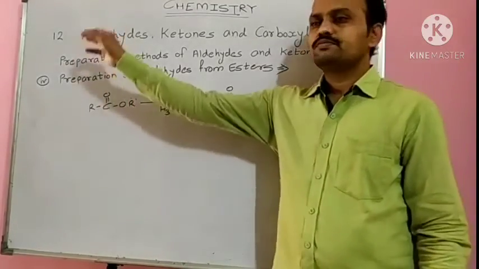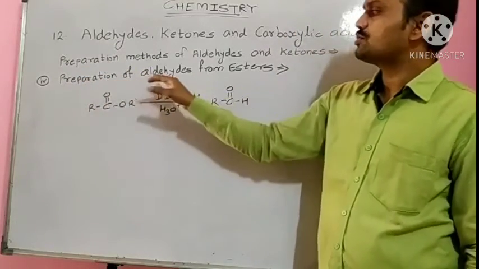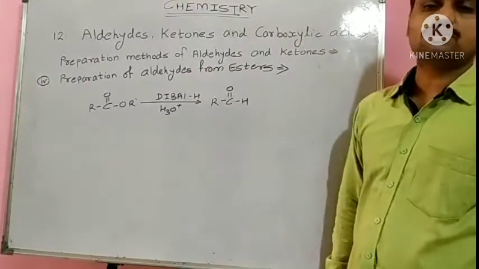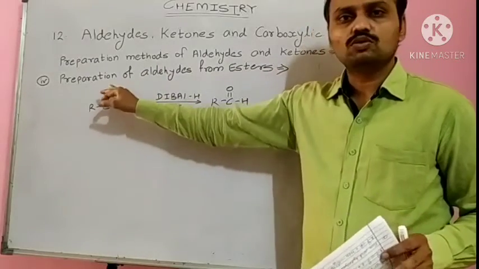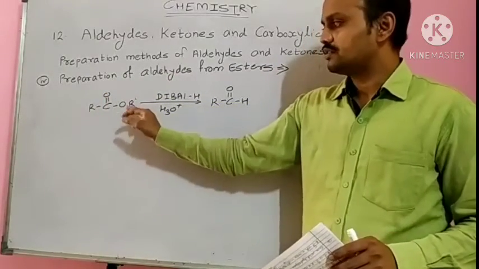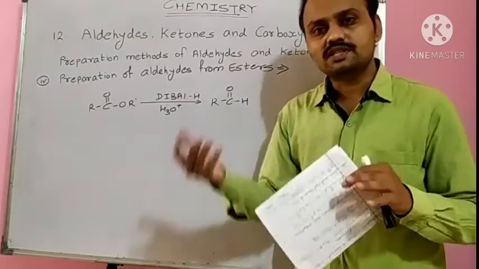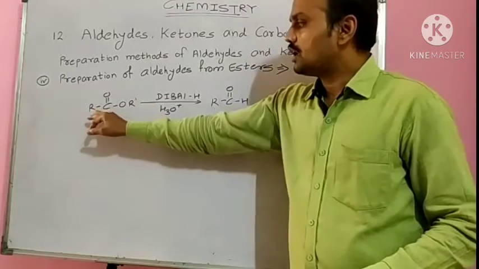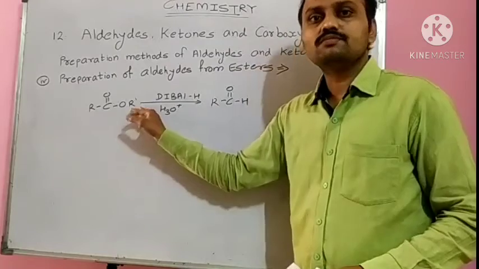We have the next and last method, preparation of aldehydes from esters. We know very well, students, that esters are R-C double bond O-O-R. These two R groups, that is, alkyl groups, may be the same or different.